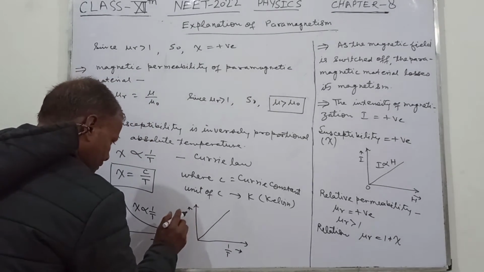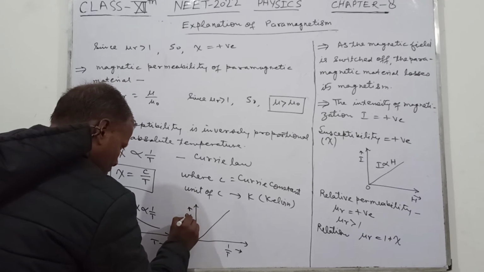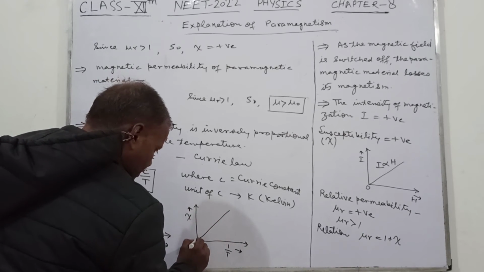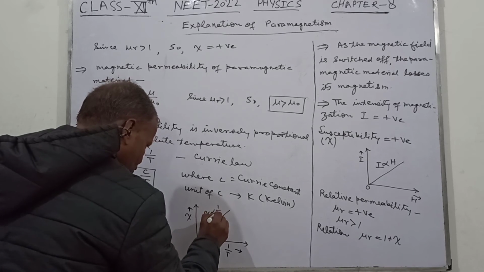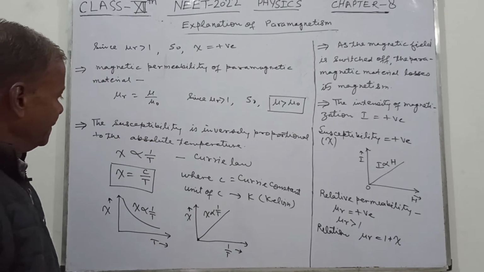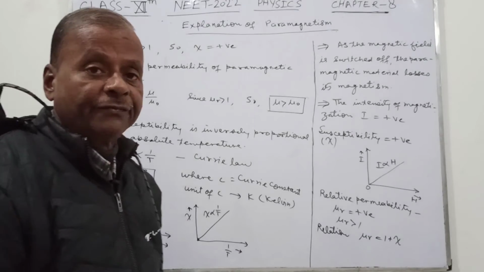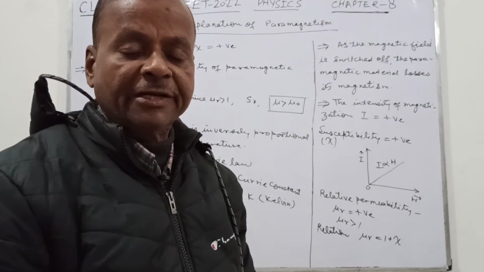This again shows that chi is proportional to 1 upon T. This shows the variation of the susceptibility with the temperature.